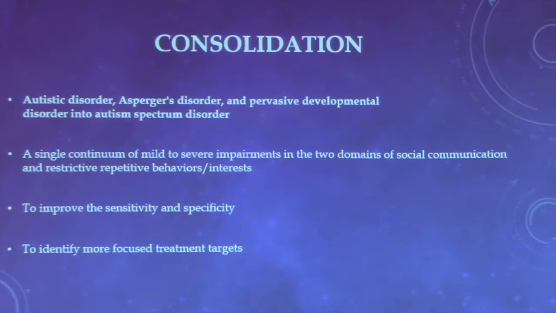There was maybe some overdiagnosis in the past, or many times underdiagnosis because of lack of clarity. And this can help us develop more treatments focused on the same kind of disorder, rather than different treatments for autistic disorder and Asperger's, because essentially they're the same.